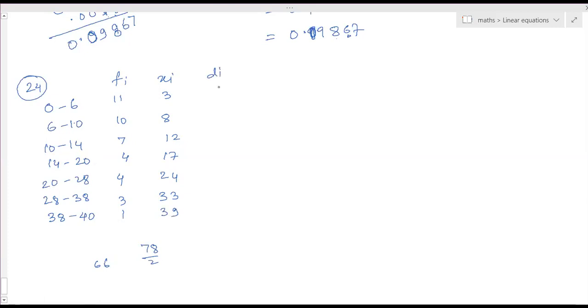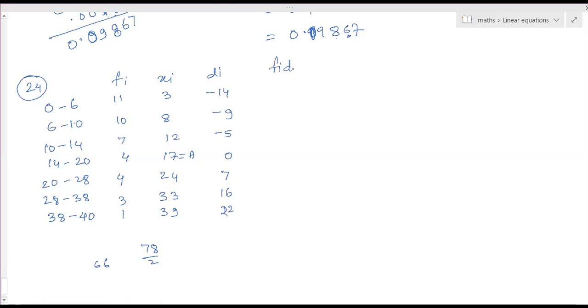Then Di, taking any one value as A. So this is A. Di values: 3 minus 17 is minus 14, minus 9, minus 5, 0, 7, 7, 16, and 22.